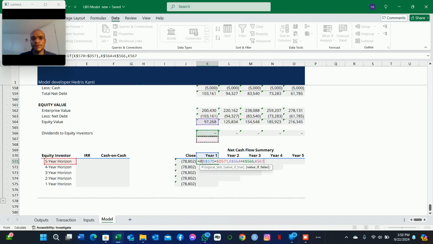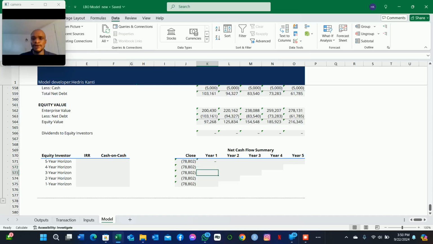Otherwise, just give us the dividends. So we are saying that if there will be any dividends paid in this period, just give us only the dividends. So that's exactly what we are saying in this formula. We can close the bracket and press enter.